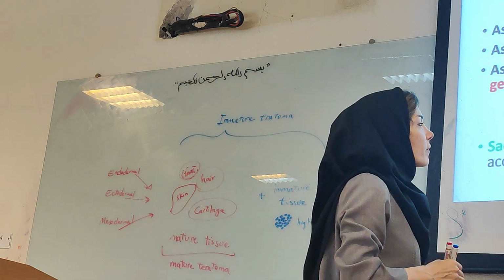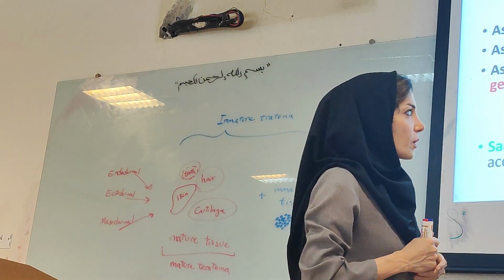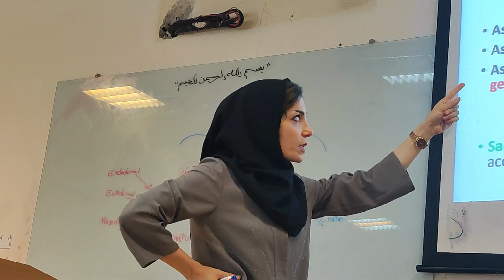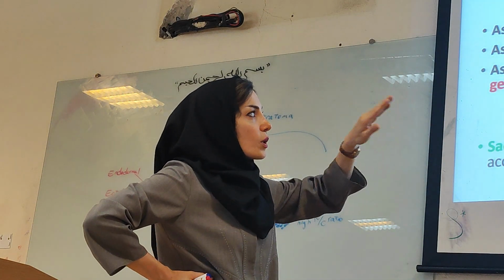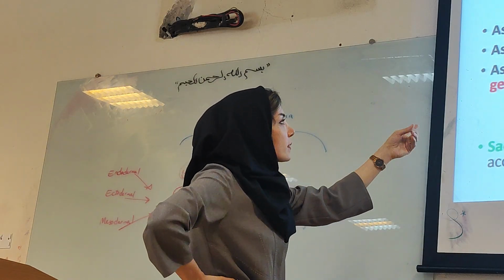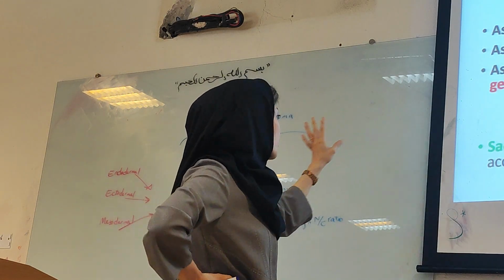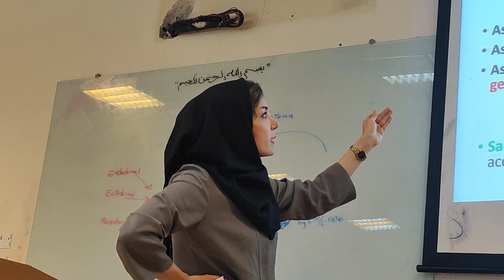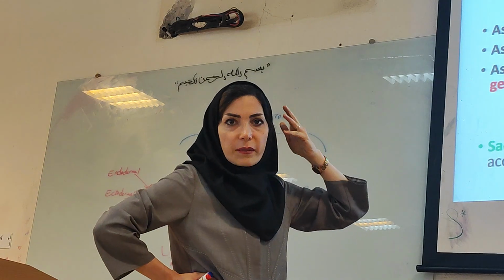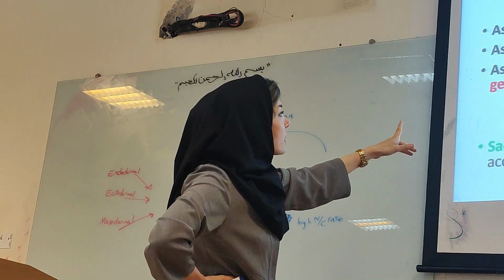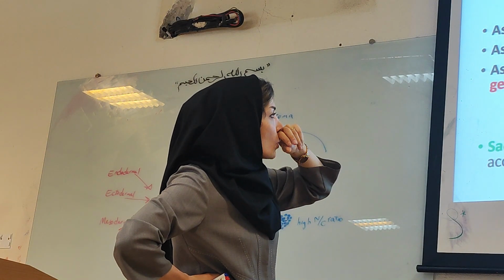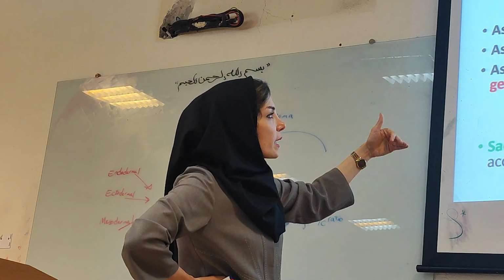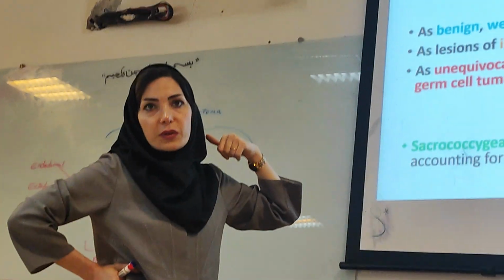So we have three types of teratoma: a benign teratoma that are well differentiated cystic lesions, so-called mature teratoma, and the dangerous ones are malignant teratomas that are mixed with germ cell tumors component. Okay?